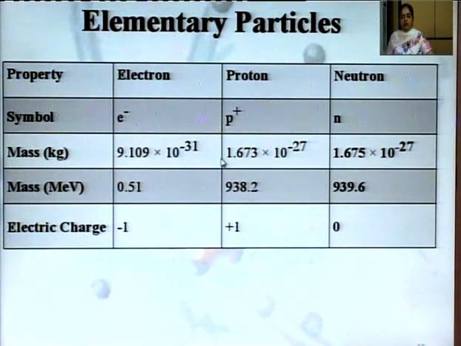Mass of proton: 1.673 × 10^-27 kg. Mass of neutron: 1.675 × 10^-27 kg. The charge on the electron is minus 1, on the proton plus 1, and the neutron has no charge, 0.